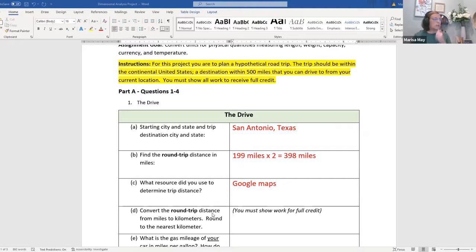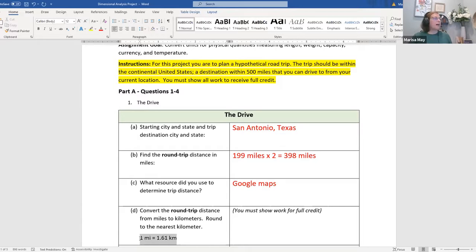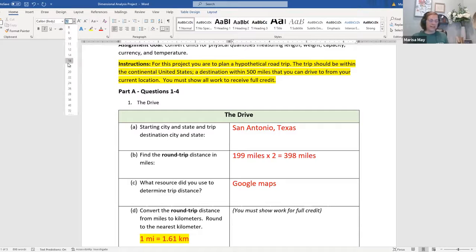Okay? So convert the round trip distance from miles to kilometers. That 1 mile equals 1.61 kilometers. So what I'm going to do for my work here is I'm going to take my 398 miles and I'm going to multiply by, think of our fractions we did last time, right?